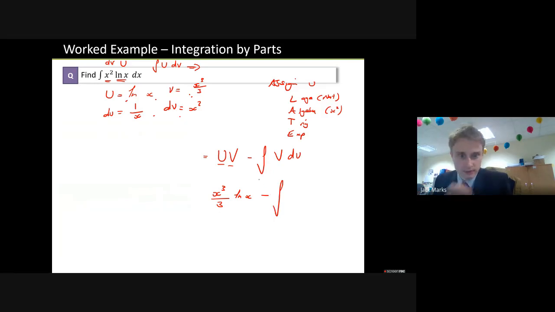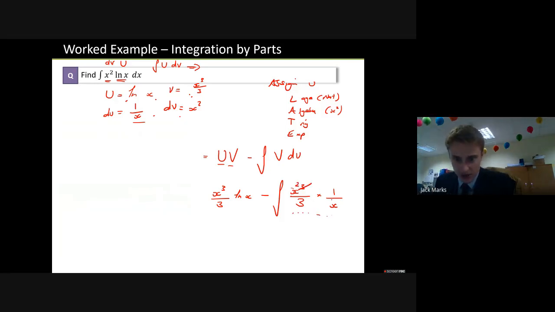Minus the integral, v is x cubed over 3, and du is, as we have here, 1 over x. Do you notice that there's some interplay between these parts? So you can effectively cancel that. And then you have x cubed over 3 natural log of x, minus the integral of x squared over 3.